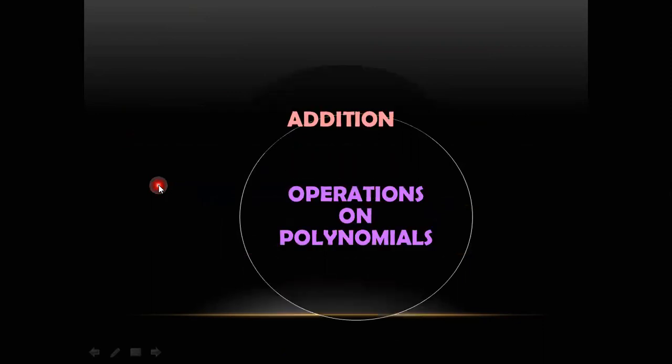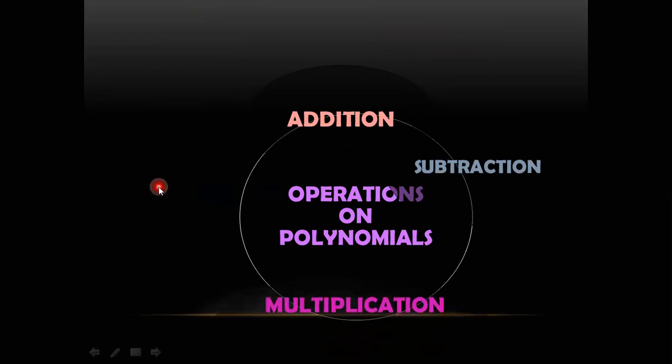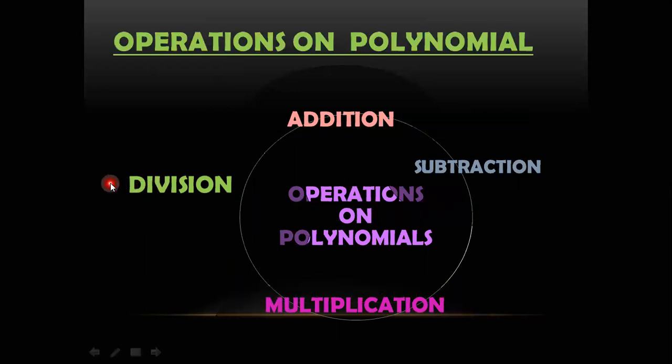There are 4 operations. The first one is addition. The second is subtraction. The third is multiplication, and the fourth is division. These are the 4 operations on polynomials. What does it mean? It means that we can perform addition, subtraction, multiplication, and division on all kinds of polynomials.